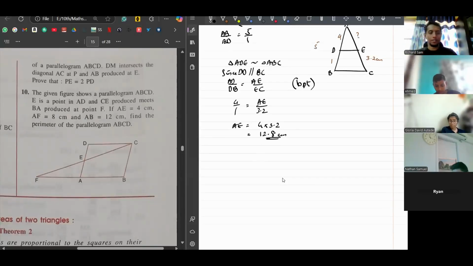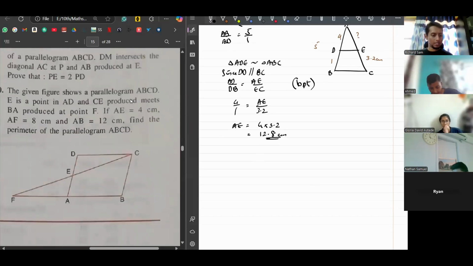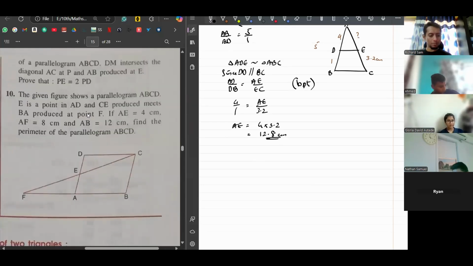Okay, let's read it together. The given figure shows a parallelogram ABCD. E is a point in AD and CE produced meets BA.